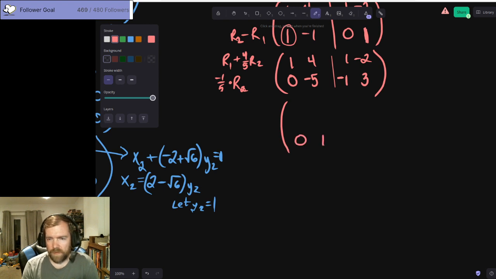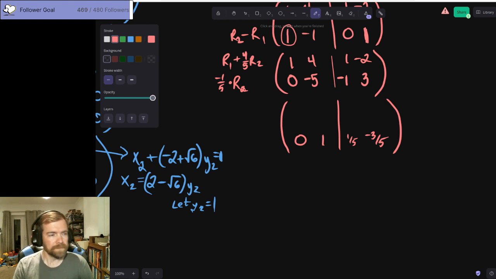So here we get 0, a 1, augmented with -1/5 times the -1 is going to be a 1/5, and a -1/5 times 3 is going to be -3/5 on the bottom row. All right, top row. We still have a 1 in the first position because row 1 plus all the zeros underneath it are still going to be 1. We get a 4 here, which then we add a 4/5 of -5 is going to be -4. So 0. Oh hey, look at that.